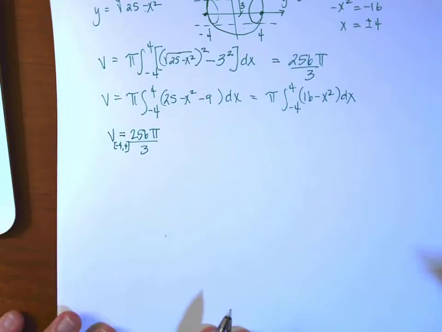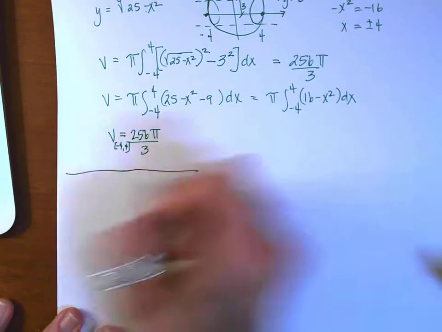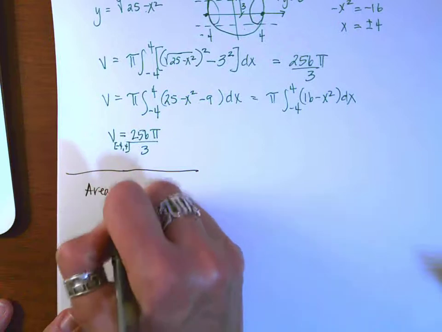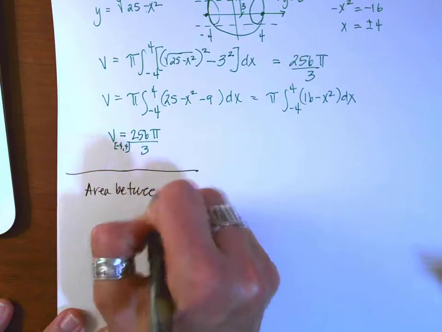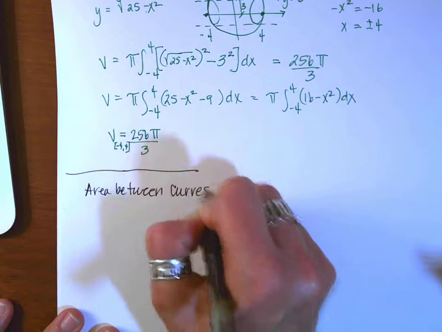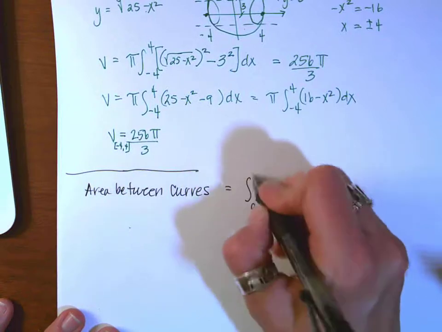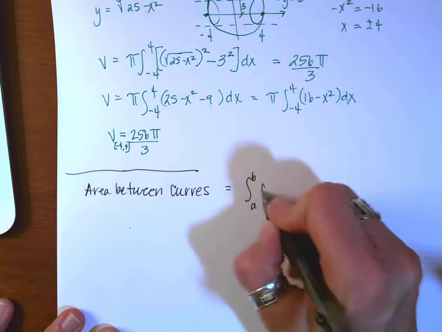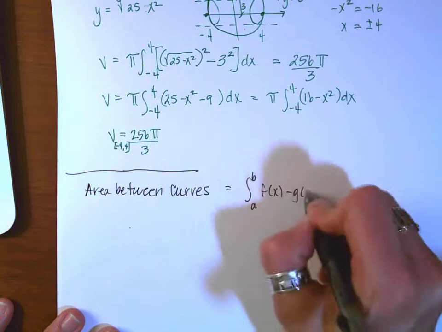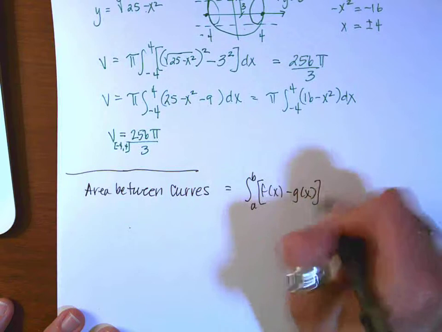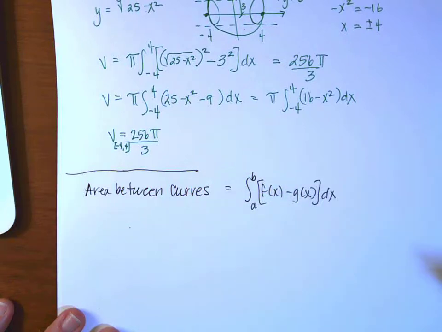All righty. So far, if we do a little bit of review about the things that we've talked about in this particular chapter. We have talked about the area between curves. And remember that this particular equation, it's just going to be the integral from a to b of f of x minus g of x, and then I would have dx, okay?